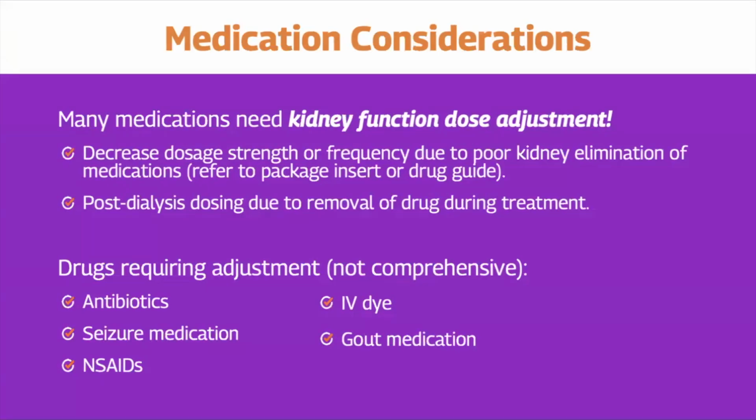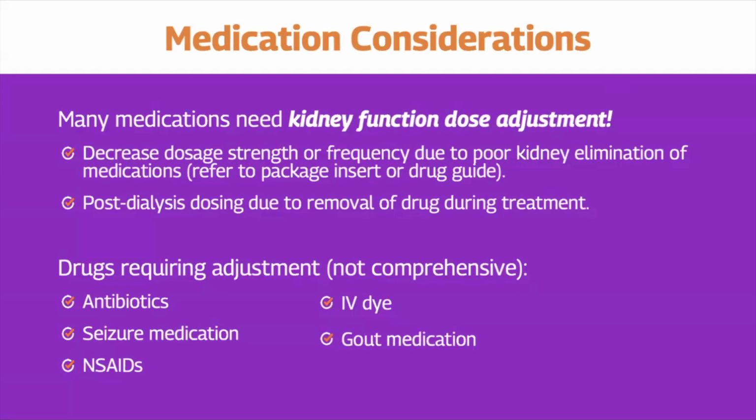So many medications are needed. Many medications need a dose adjustment. Many drugs are contraindicated in the patient with kidney failure, and many others need dose adjustments due to altered kidney excretion and metabolism. So we have to decrease the dosage strength, or decrease the frequency of the medication due to poor kidney elimination of medications.